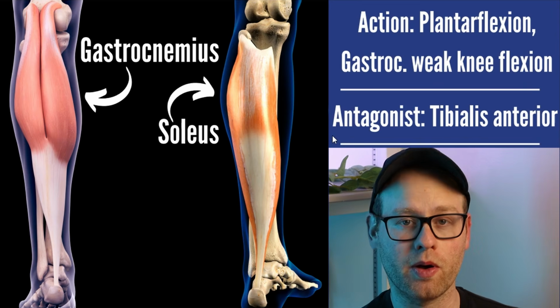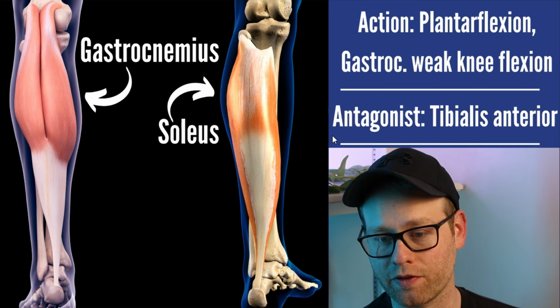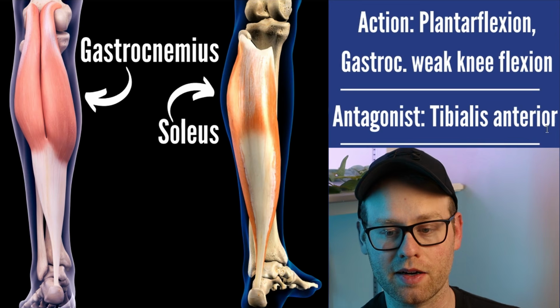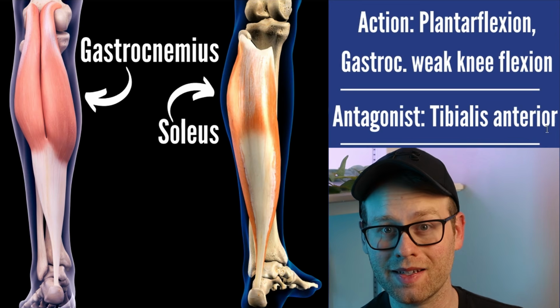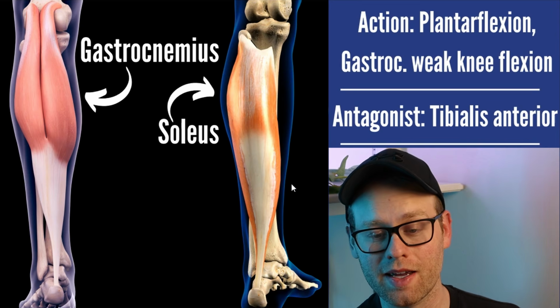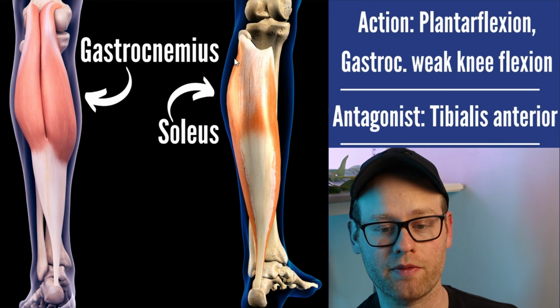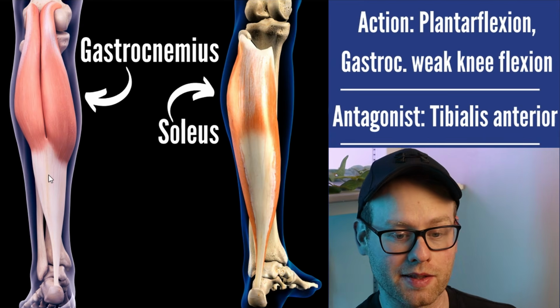The main muscle that opposes these two muscles or plantar flexion is the tibialis anterior, and no surprise, the tibialis anterior is on the opposite side of the calf. Both of these two muscles are on the back side of your calf, and the tibialis anterior is on the anterior side or the front side of your calf.